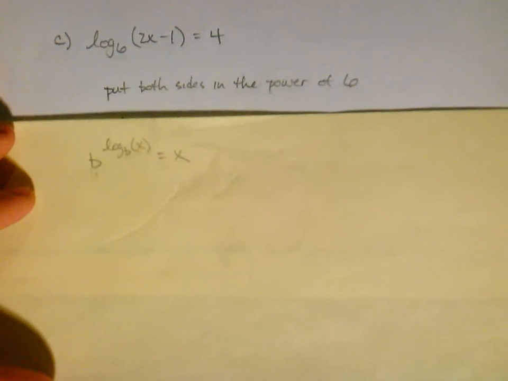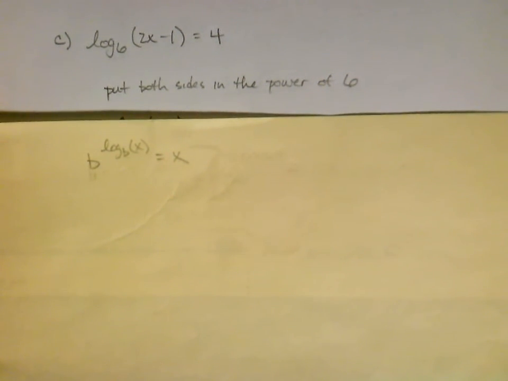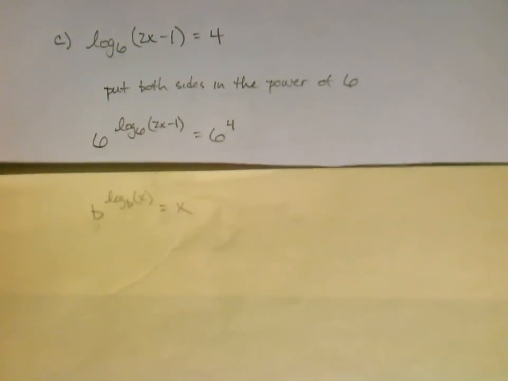So what we're going to do is put both, it's kind of strange the way it's worded, but it is what it is. We're going to put both sides in the power of 6. Now this is a really bizarre thing to do to both sides of an equation, but I think we'd all agree it would have to logically follow, since we're doing the same thing to both sides.